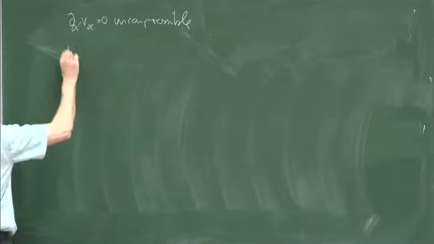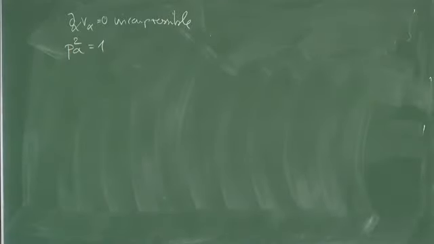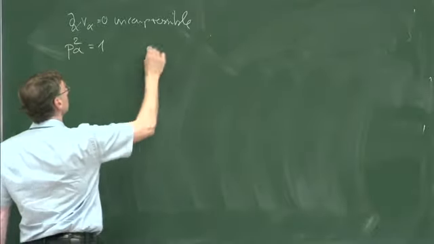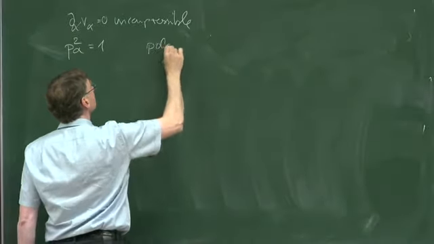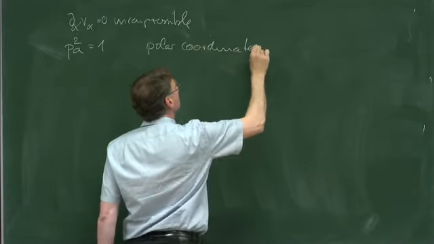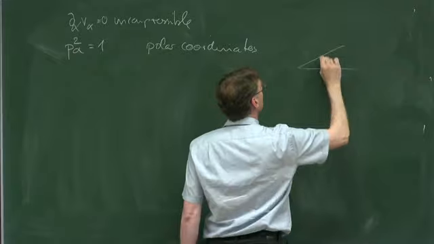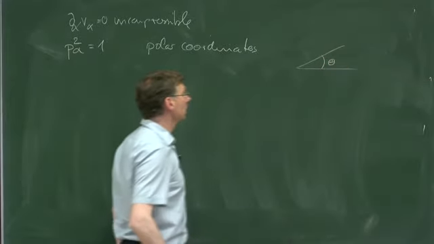We will assume that the order parameter is of constant magnitude 1. We will use polar coordinates. So if I have, here's my coordinate theta.